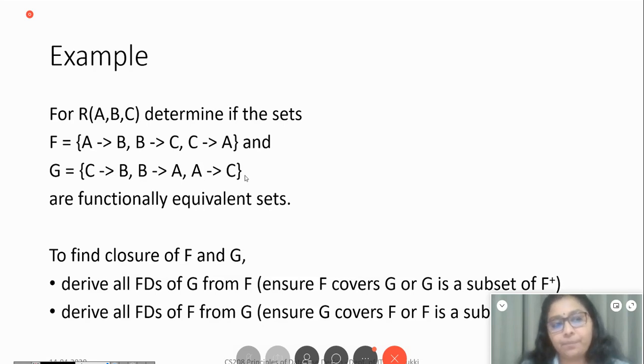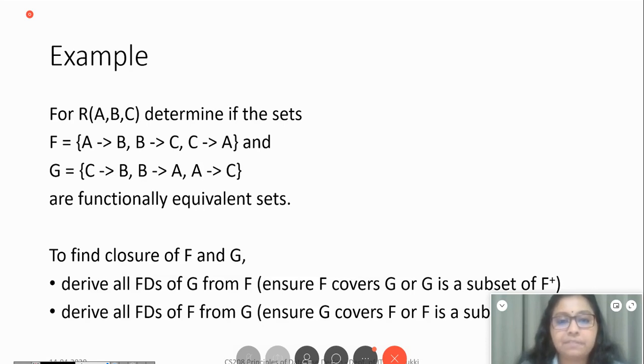So when do you say that two different FD sets are equivalent? When both F covers G and G covers F are true, isn't it?